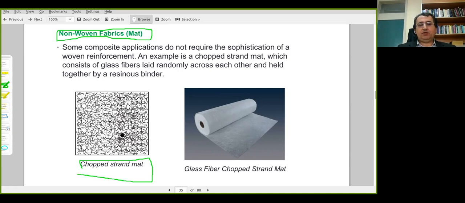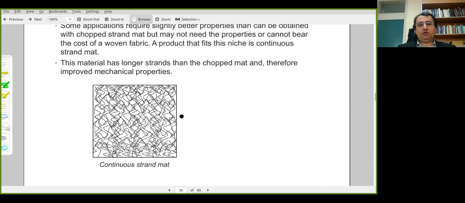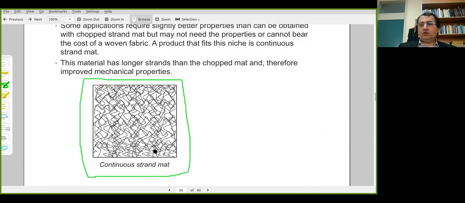We have a random distribution of short fibers. But the properties can be improved with continuous fibers. Continuous fibers can be mixed with the resin material to fabricate a continuous strand mat, and this will have somewhat improved properties compared to chopped strand mat.